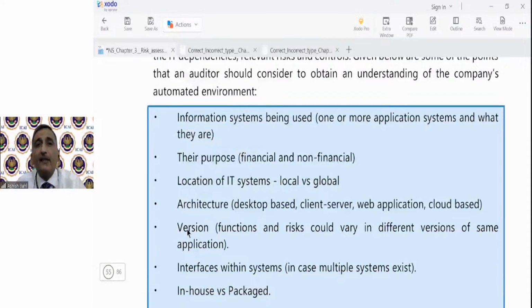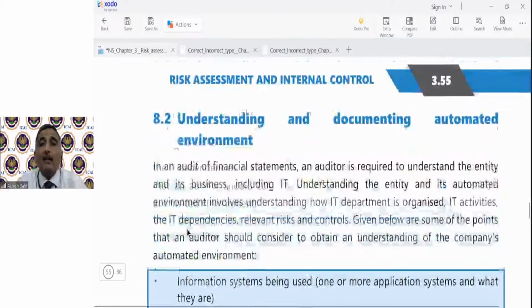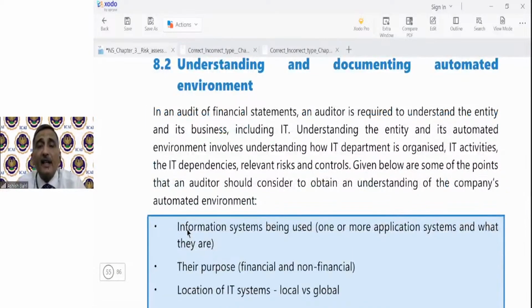Whether the software has been developed in house or it has been procured. All these things have to be kept in mind by the auditor while understanding the IT environment. Understanding the IT environment of the company is one of the parts of understanding the company as a whole.